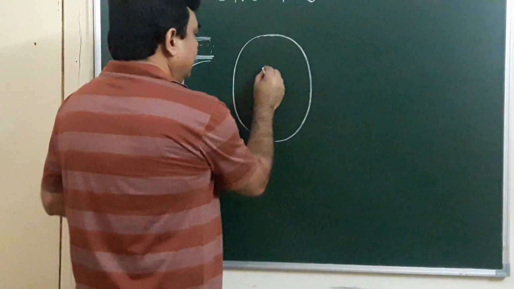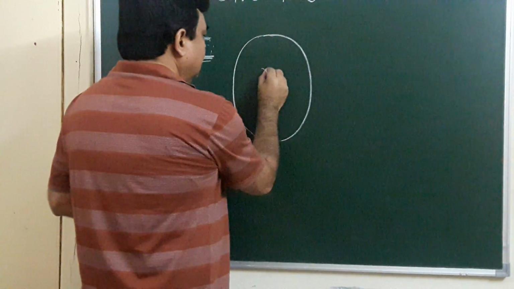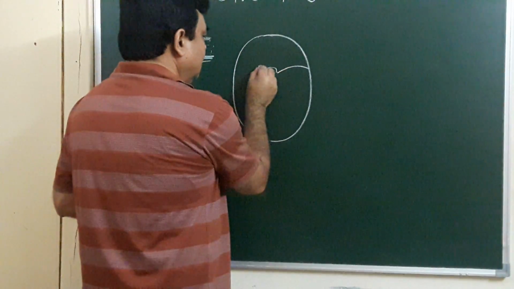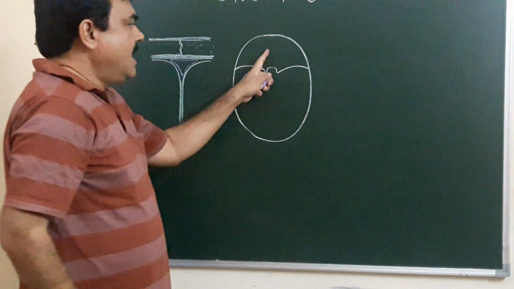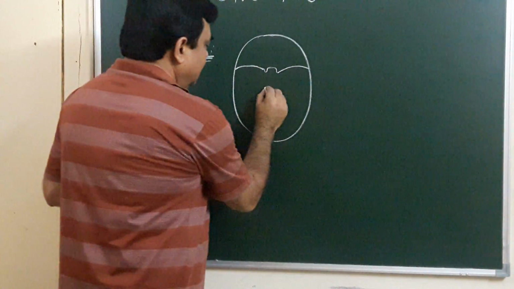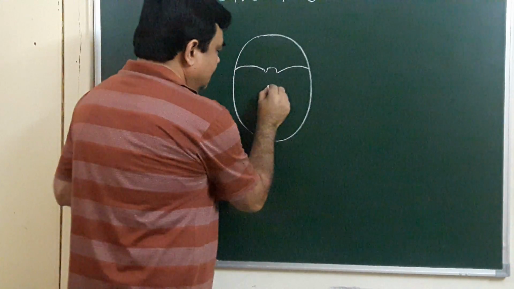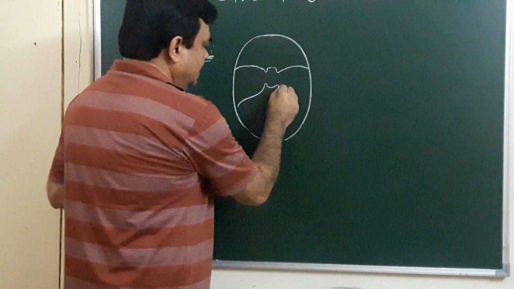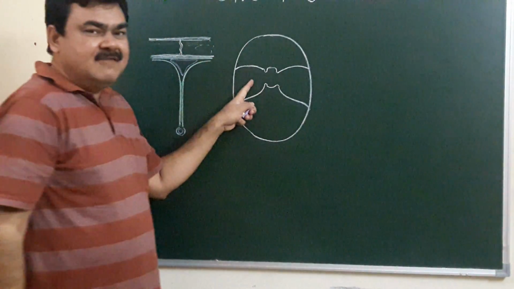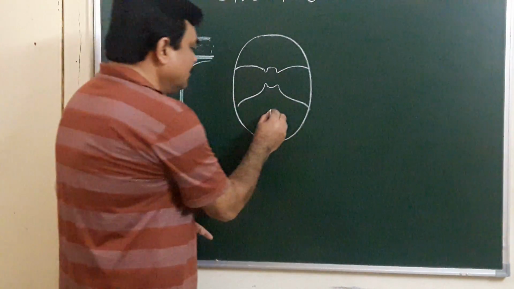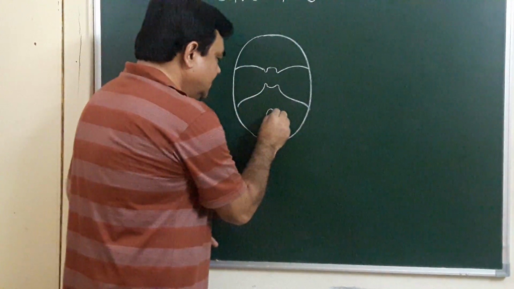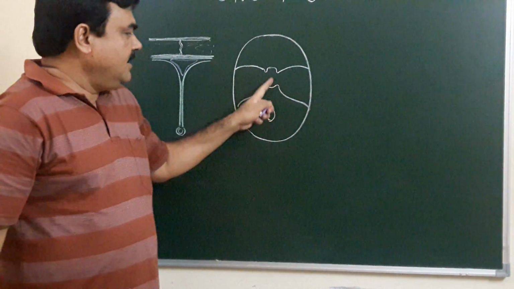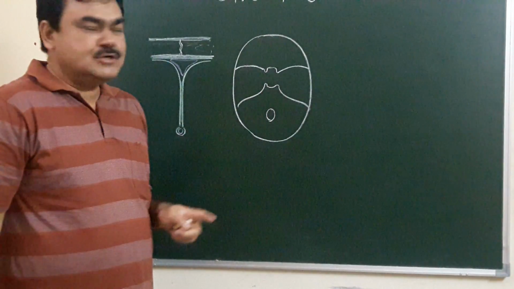This is the anterior cranial fossa. This is the middle cranial fossa, and this is the posterior cranial fossa. This is the foramen magnum. So anterior, middle, and posterior cranial fossa.